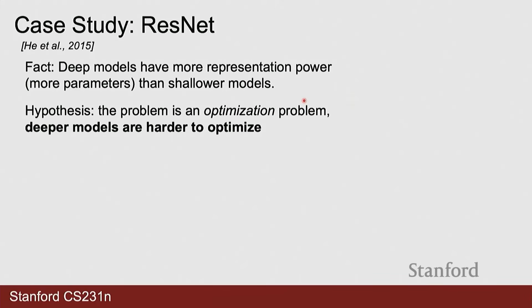So the idea is not that these models are worse in terms of representational power, but that they're actually harder to optimize, because the set of possible models for your deeper networks is larger, and it contains all of the possible models that your more shallow networks could learn.